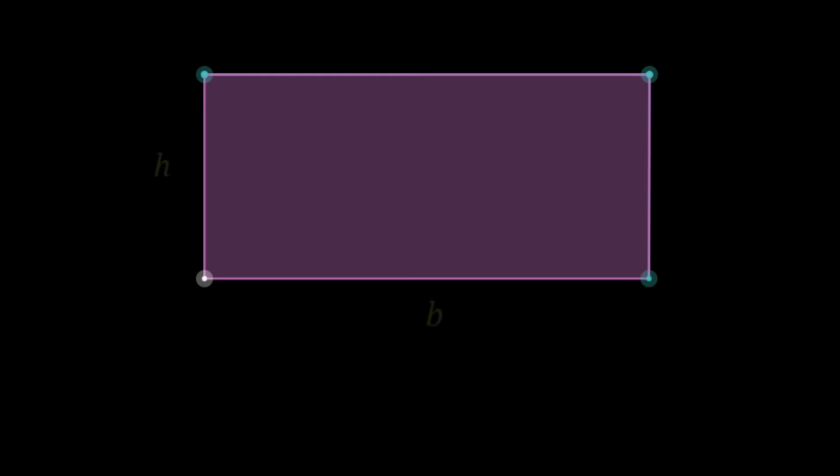So we can say that we have a base here and we have a height. Now the area of this rectangle is going to be base times height. That's how we define the area of this shape.